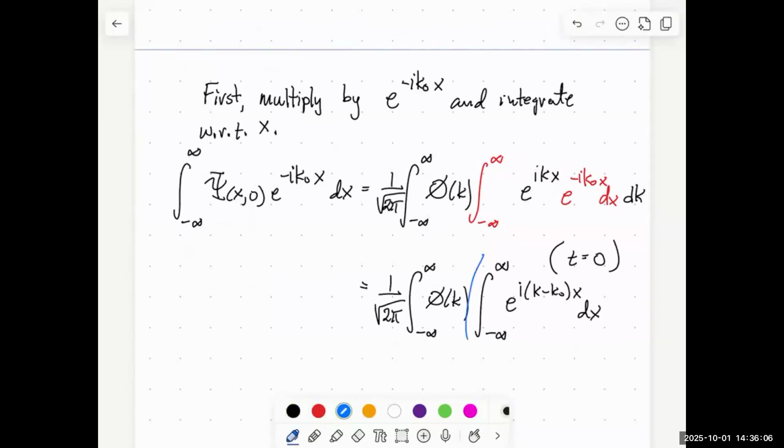And I'll put some brackets around here. And then I still need my dk. All right. Does anybody recognize this thing in blue brackets?